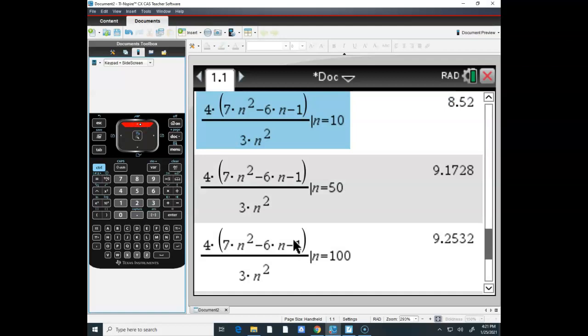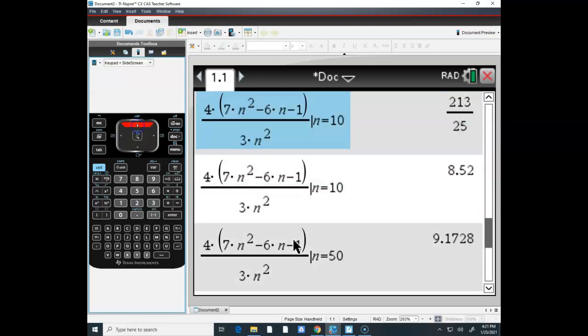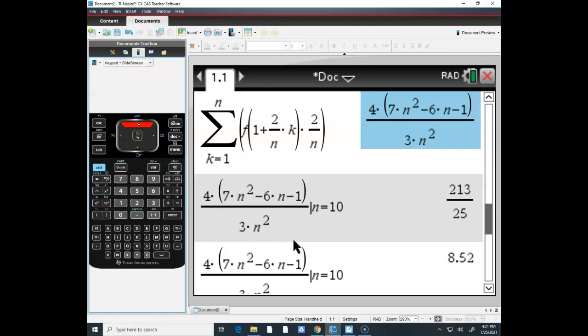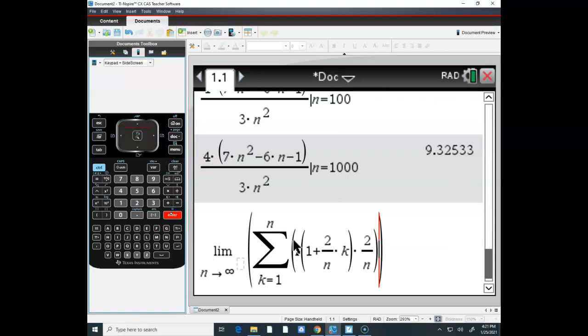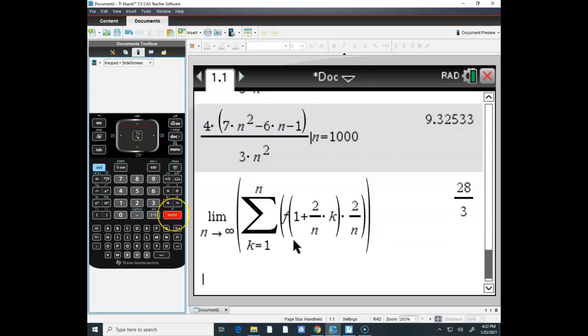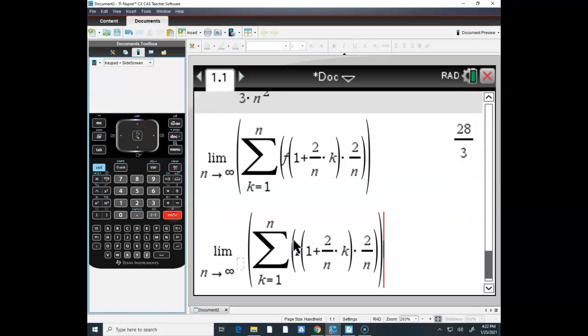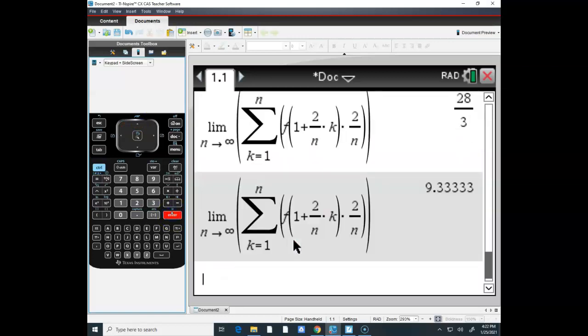Okay, where are you? Come on. I want to do the limit of that sum right there. As soon as I plug that in there, and then I hit enter, well, 28 thirds. What is 28 thirds? And if I forgot to hit my approximate, oh, it's 9.33 repeating, and it gives me the exact area.